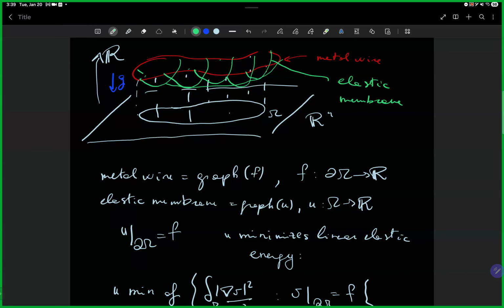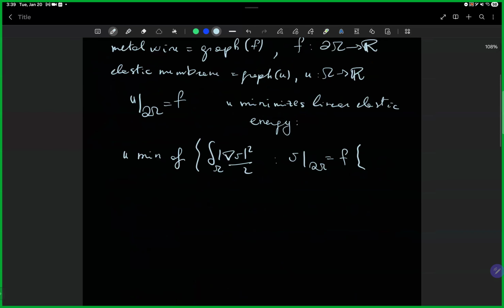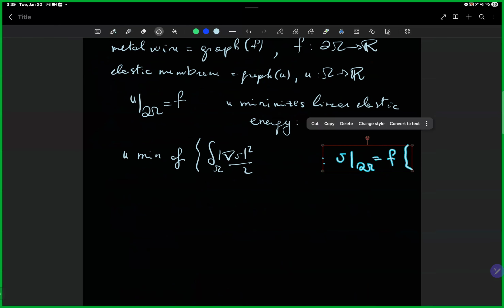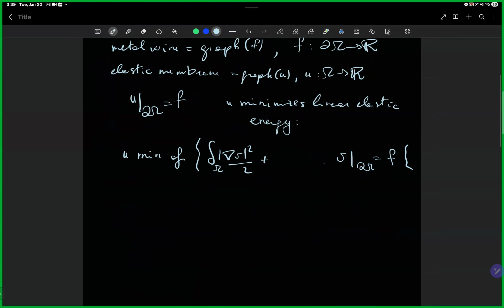How do I see this in terms of energy? In terms of energy, I have an extra term. Before I had only elastic energy, but now I need to add potential energy. Potential energy tells me that I pay proportional to the height. So the higher my graph is, the more I pay.